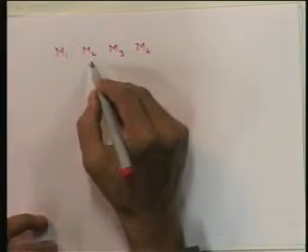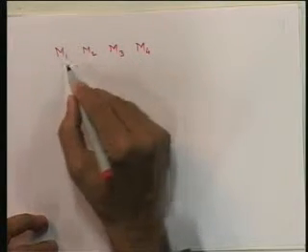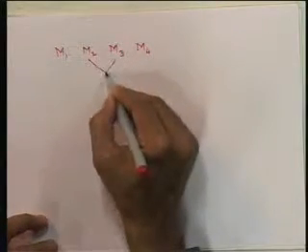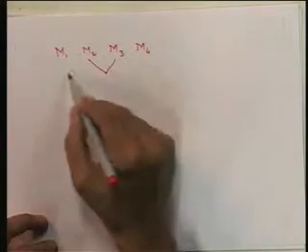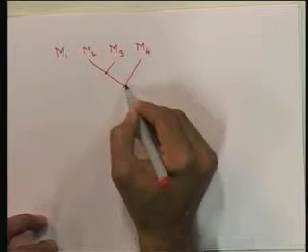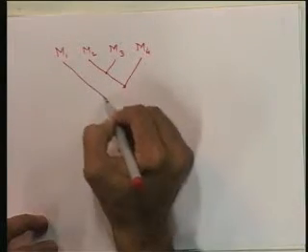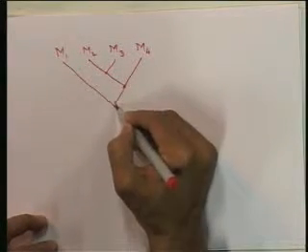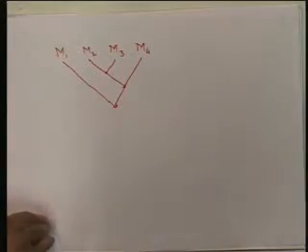One possible parenthesization which I might indicate is something like this. I could compute the product of M2 and M3 first. Then maybe I compute the product of M3 and M4 next, and then finally I compute this. So, this is the tree.